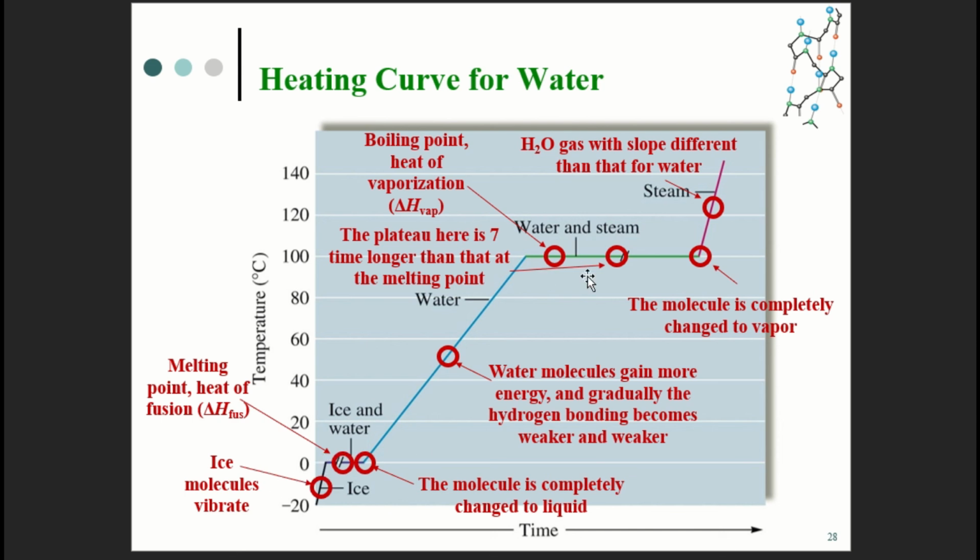It really takes longer to boil than the duration it takes for ice to melt into water. The vaporization process takes longer, and we can see that in this plateau. At a certain point, the molecules are completely changed to vapor, in the form of steam, which is H2O gas.